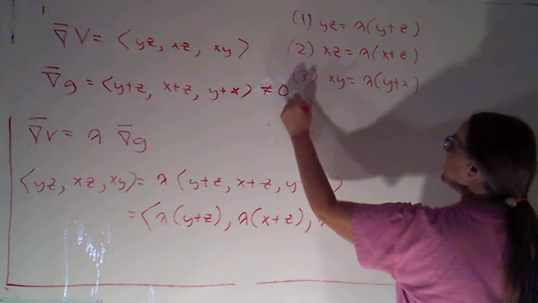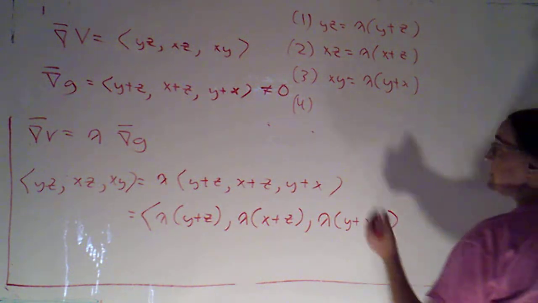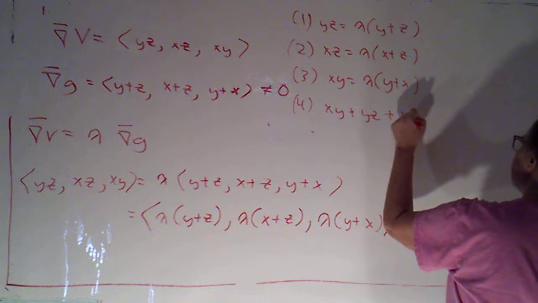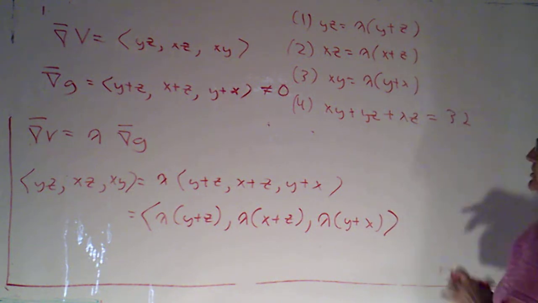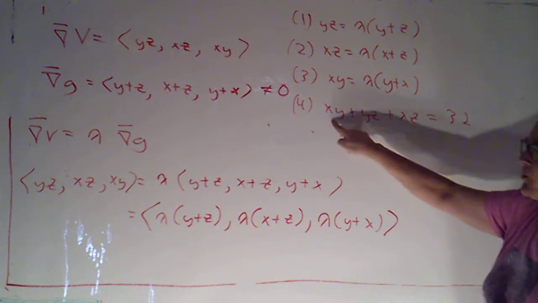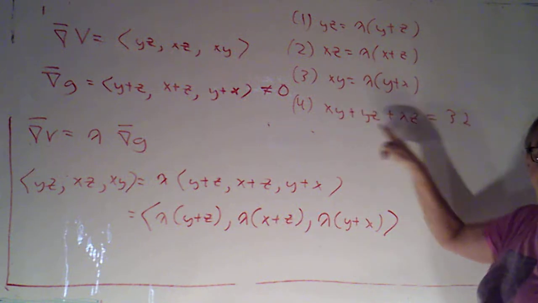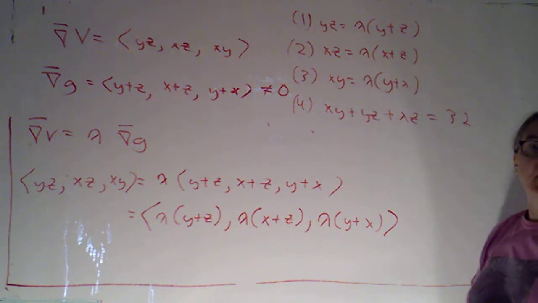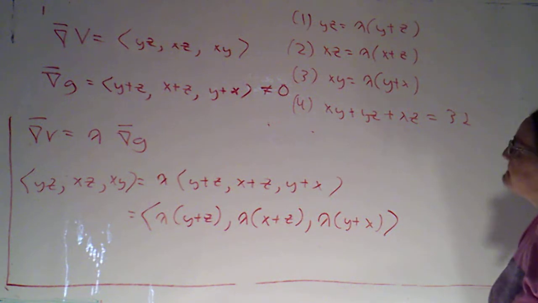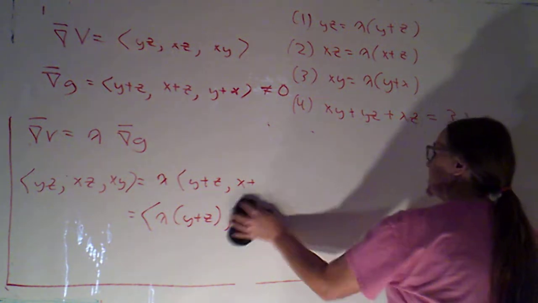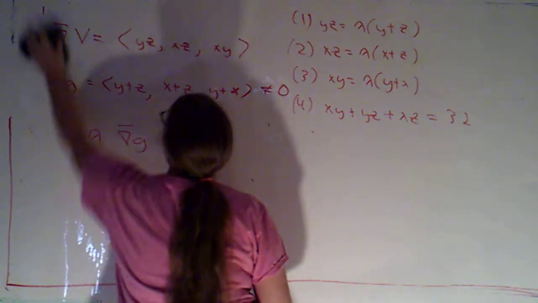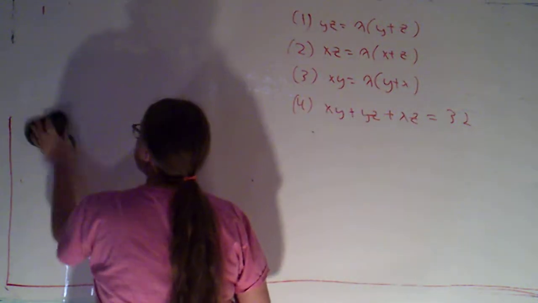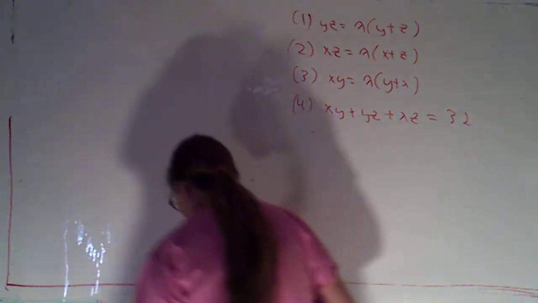And then my fourth equation is just the constraint, which was that xy plus yz plus xz is 32. I don't remember what order I've written these 3 terms in before. I may have juggled the order of them, but it doesn't matter because addition is commutative. Okay, so we are looking to solve this system of equations.